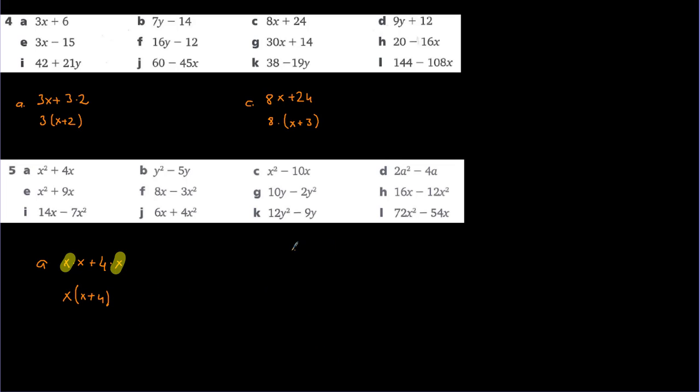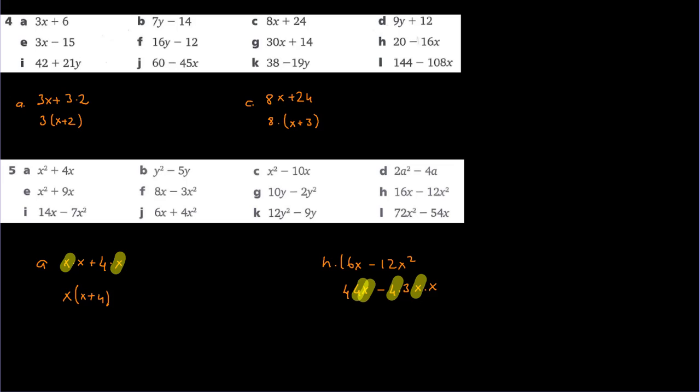Or if I solve the h1 here, 16x minus 12x squared, here 4 is common for the numbers, so 4 times 4x minus 4 times 3 times x times x. So 4x is the common term I said before. So here 4x and here 4x.